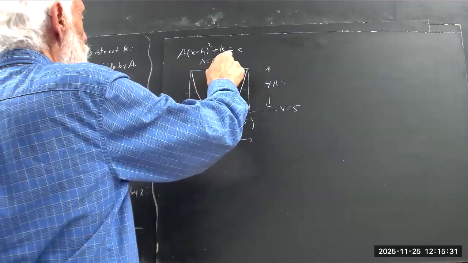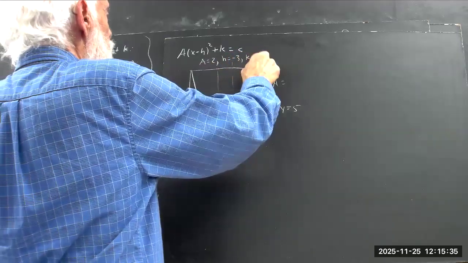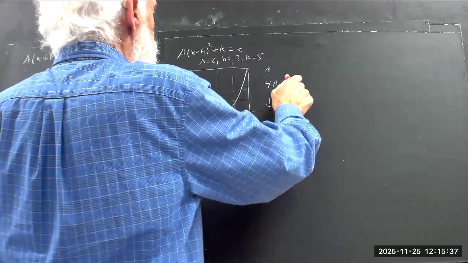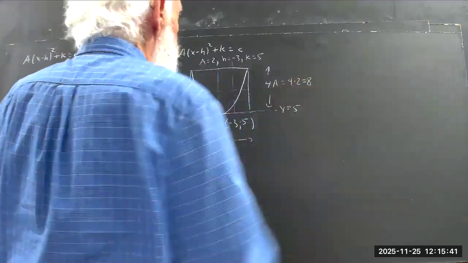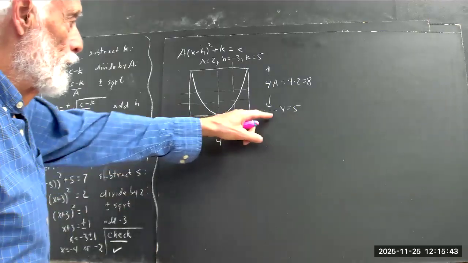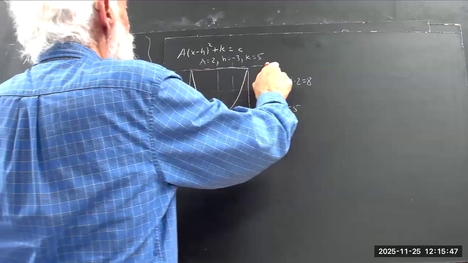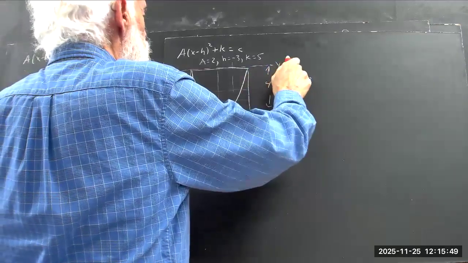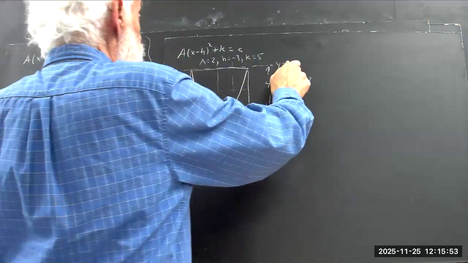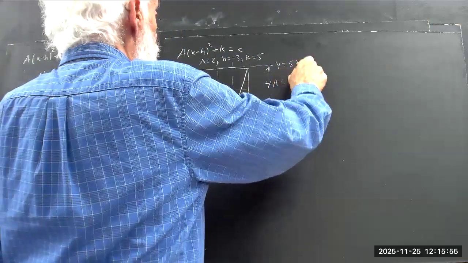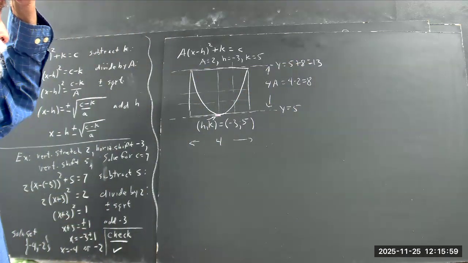let's just write out what a, h, and k are. Okay, 4a is 4 times 2 is 8. So this is the line y equals 5. This is going to be the line y equals 5 plus 8. That's the line y equals 13.